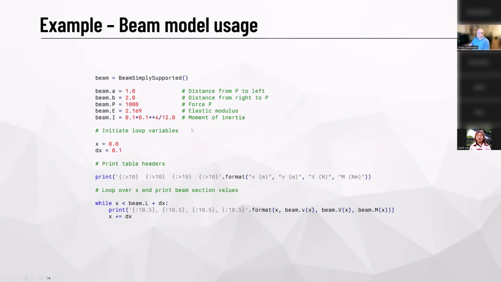And then we can use the model like this. We can print it. There is a V method here for the deflections, and then you have the sectional forces and the moment of bending here. So this is the main functionality of the model, and the model doesn't know anything about any user space.